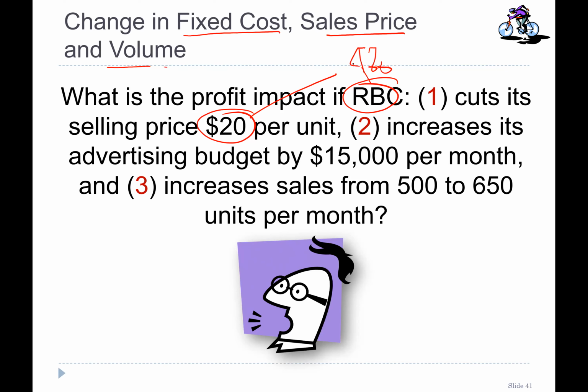Increase in advertising budget by 15,000. The fixed cost is going to be now 95,000, right? 80,000 plus 15,000 here. And the units sold are going to be increased by 150 units, right? Let's just solve this.